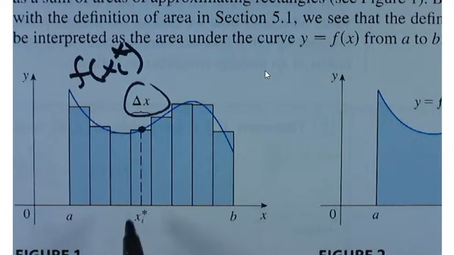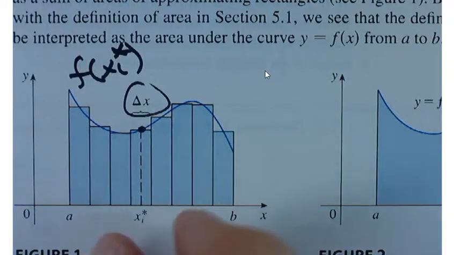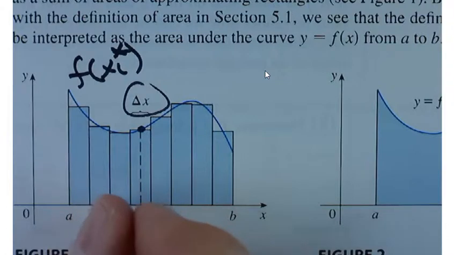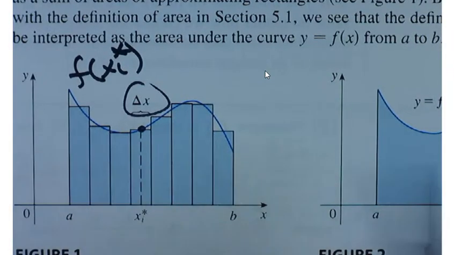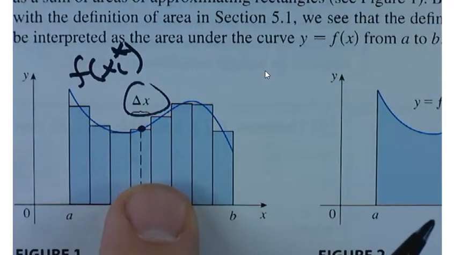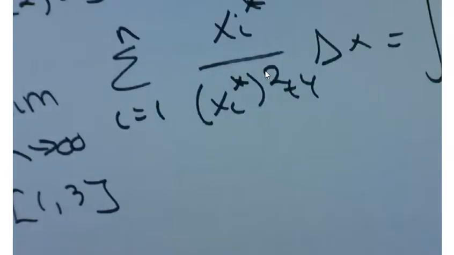You could use the left-hand endpoint, the right-hand endpoint, or any other point in between. It's up to you. But it really doesn't matter, because as you make these increasingly thin, you don't have a whole lot of wiggle room. Eventually, in the limit, those rectangles turn into this nice, smooth function, and we get the exact area that we're looking for.